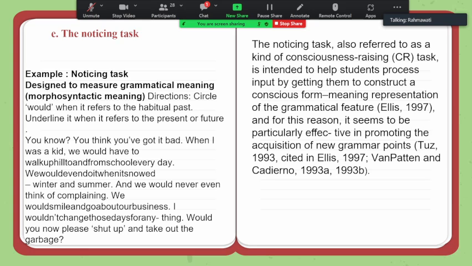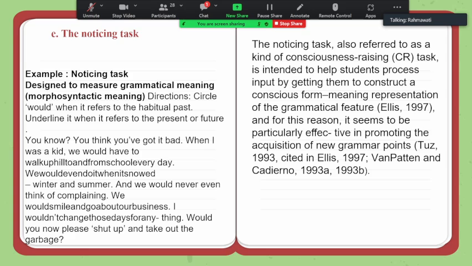The noticing task, also referred to as a kind of consciousness-raising task, is intended to help students process input by getting them to construct a conscious form-meaning representation of a grammatical feature. Ellis, 1997. And for this reason, it seems to be particularly effective in promoting the acquisition of new grammatical points.